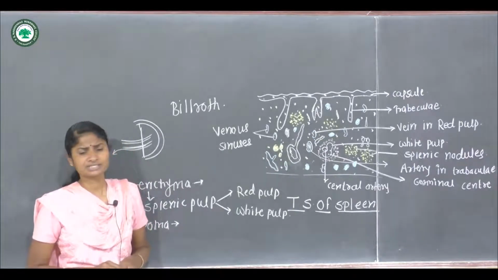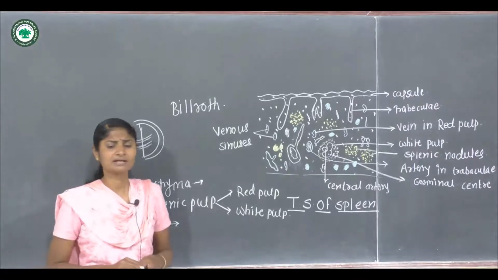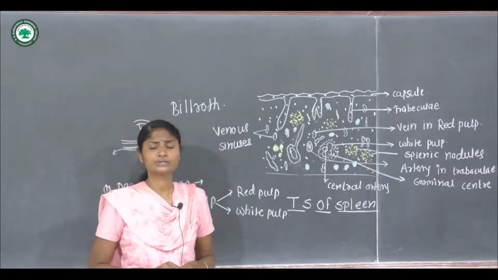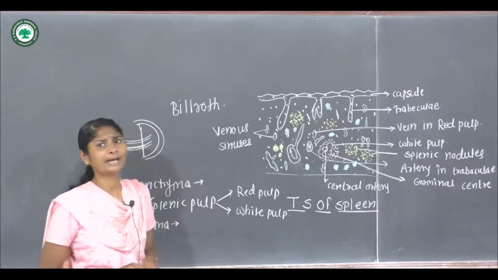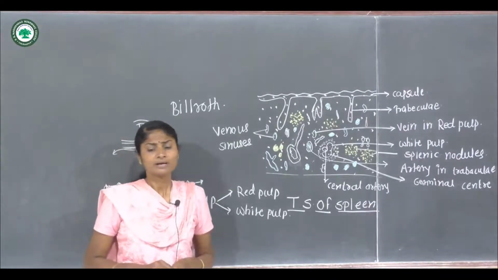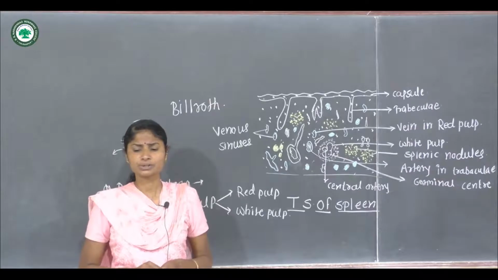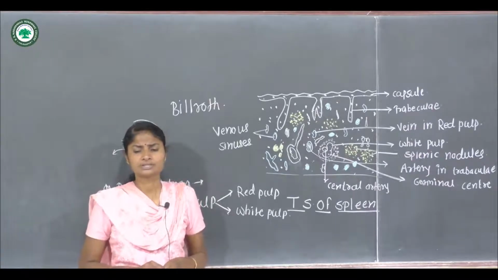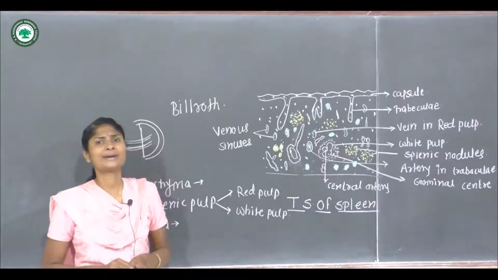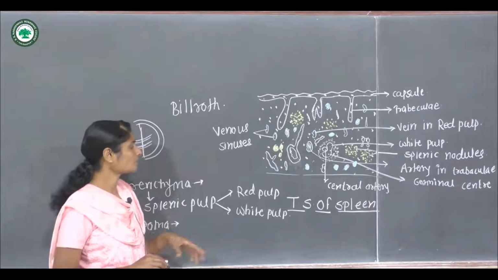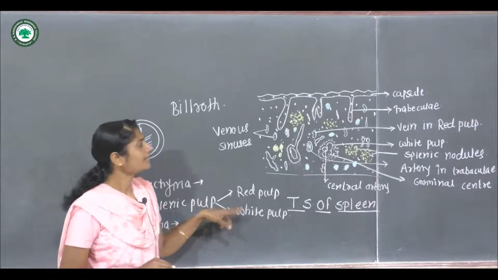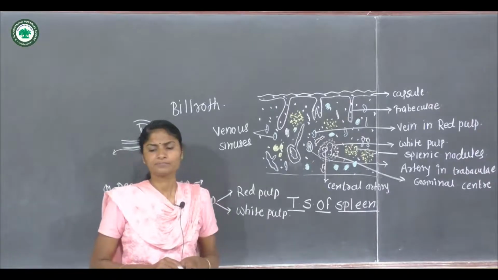The central arteries form numerous capillaries which nourish the lymphatic tissue. Then their size is reduced and they lose the surrounding coat of compact lymphoid tissue and enter the cords of red pulp.